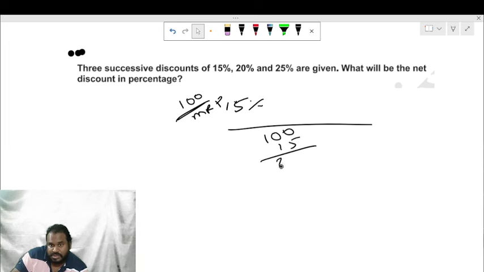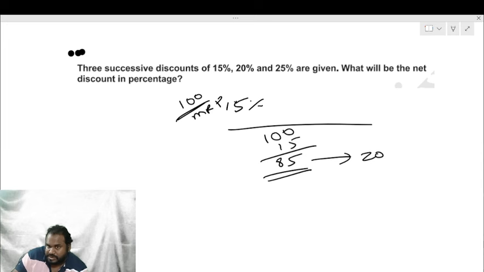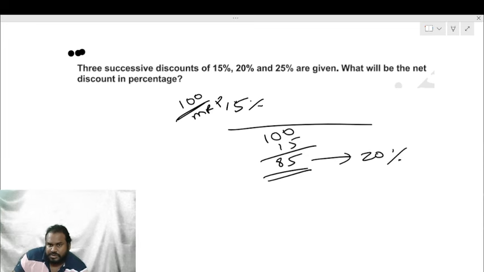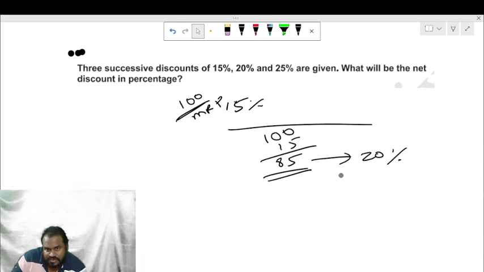So now he is getting it for 85, but he also immediately got 20% as the next discount. So 20% we need to calculate on 85. On 85, 20% is how much?